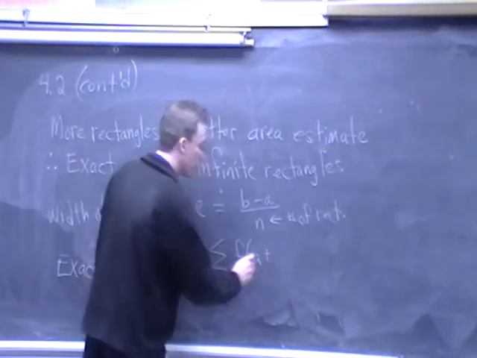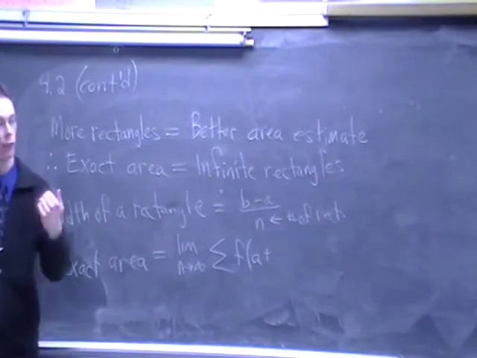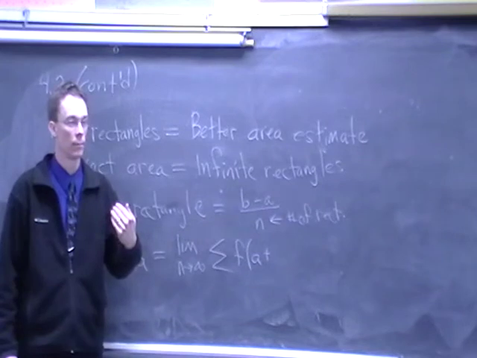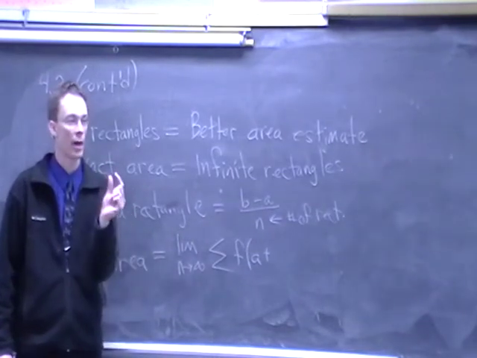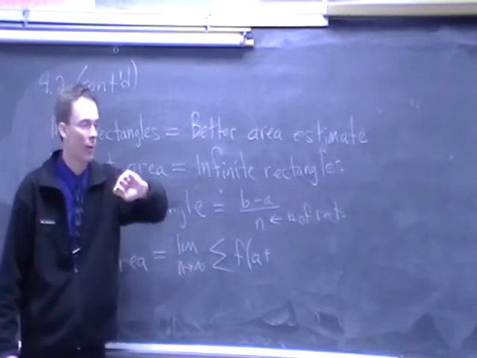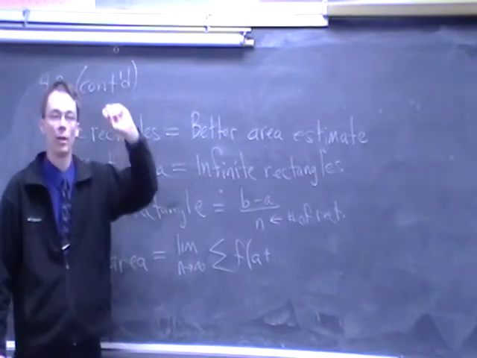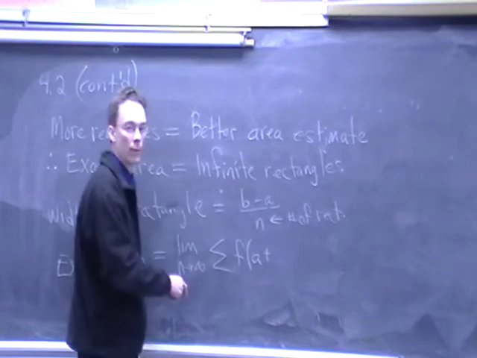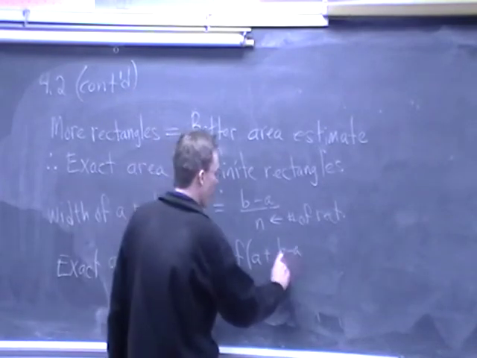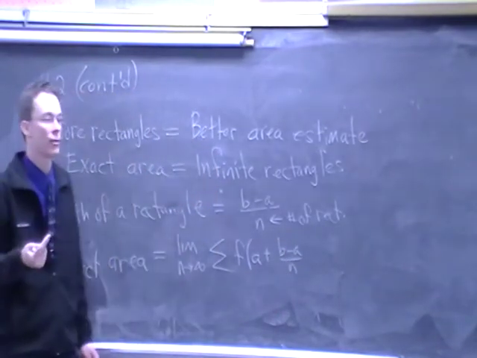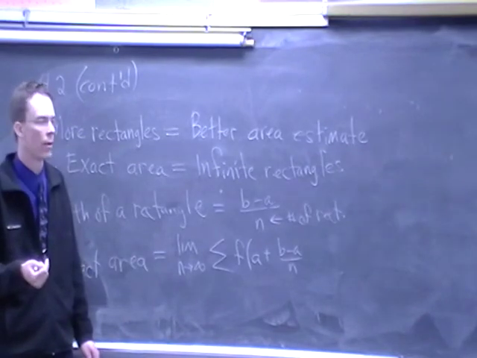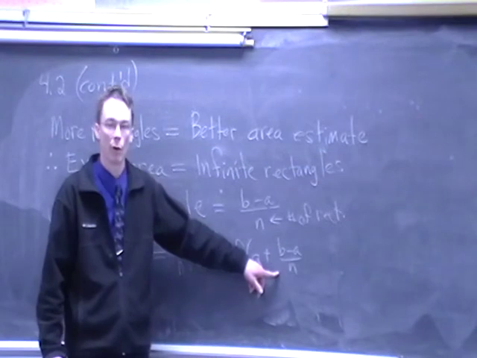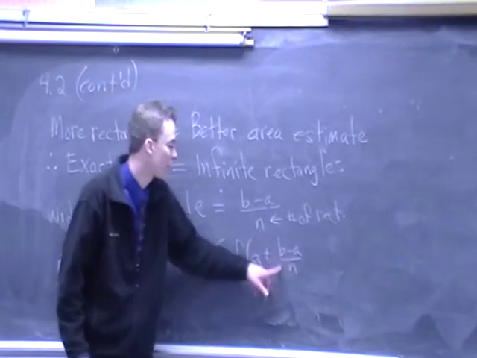And then each subsequent rectangle is how far down the road? However wide they are. However wide the rectangle is, that's how much further you want to go down the x-axis to plug in the next number. So b minus a over n will be the next rectangle. And the next rectangle over that would be another b minus a over n down the road, because this is the width of a rectangle.